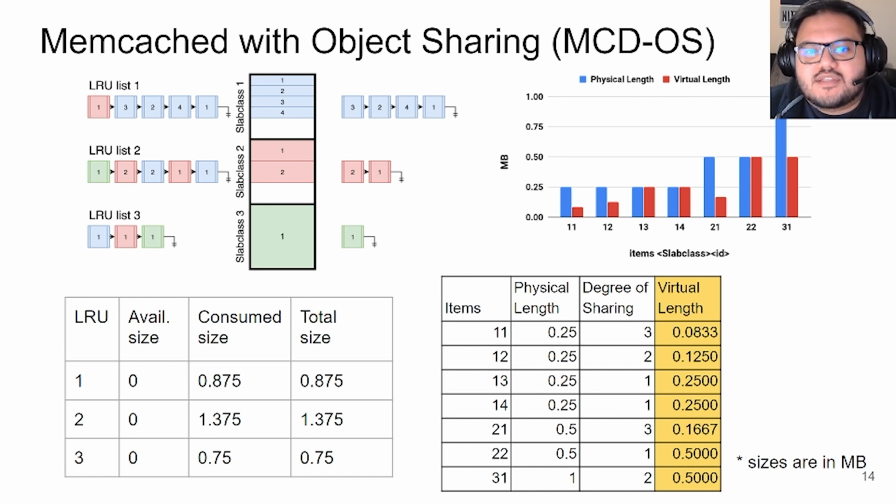And then the bottom right table represents the state of items that are in memory. That table consists of the actual size of the object, the degree of sharing, and therefore the calculated virtual length. And then the bar graph in the top right is just a visualization of the last table that I have described.